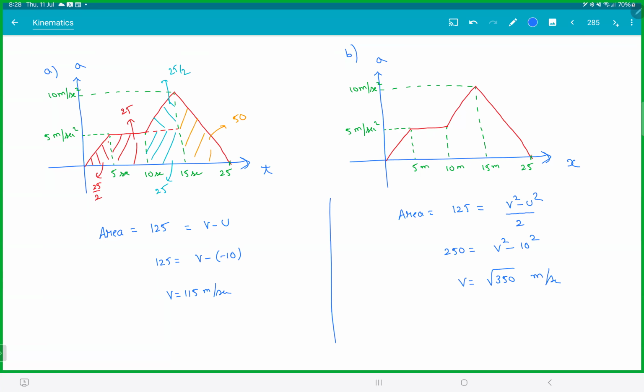You can see how much the answer changed. So be careful. Always be careful which graph you are talking about, AT graph or AX graph. The whole thing can mess up the answer.